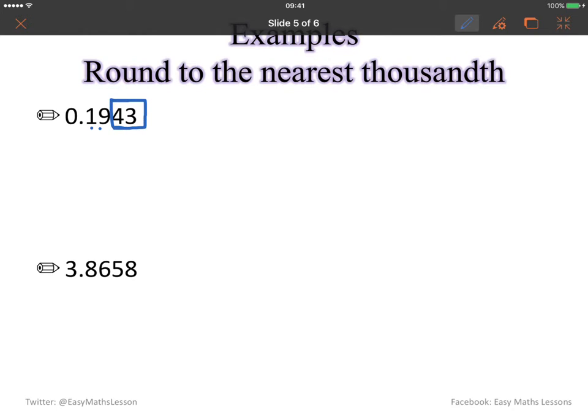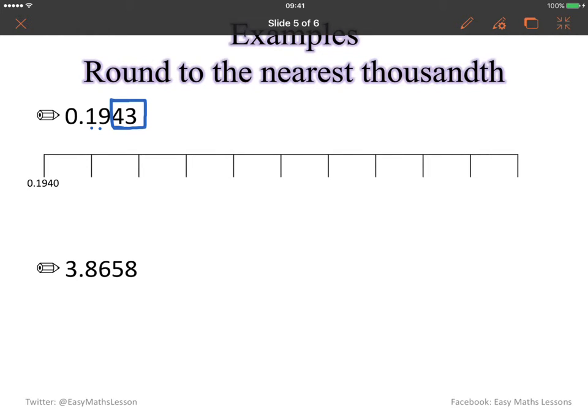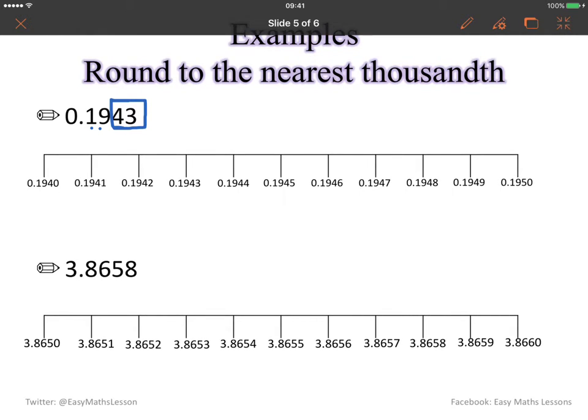So 43 rounds to 40, and therefore I can say that it's equal to 0.194. On a number line, it will look like this. There we go. And 0.194, which is right here, and 0.195, which is right here.